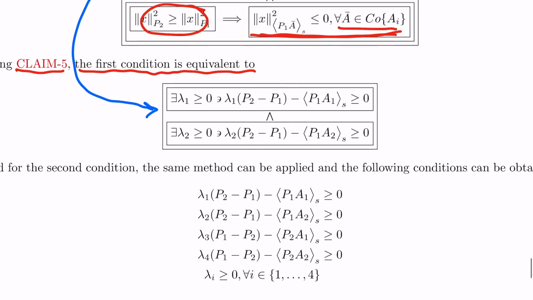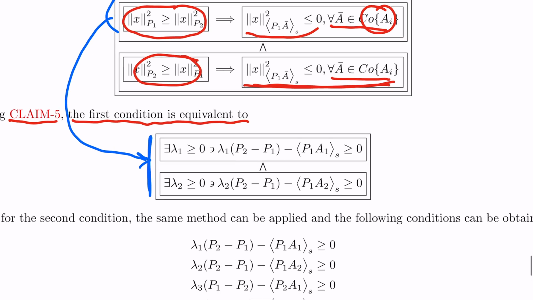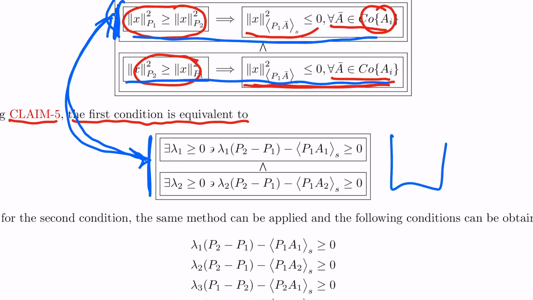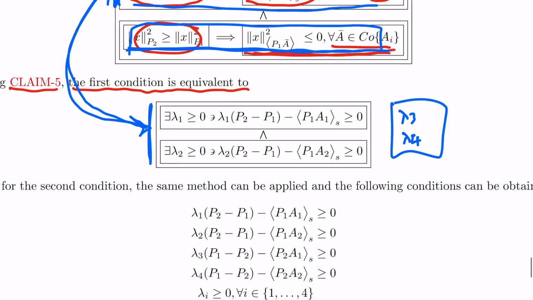Again, we derive that this is equivalent to that expression, and they are quite similar, so we can also write the same thing, with lambda 3 and lambda 4 for this second statement.